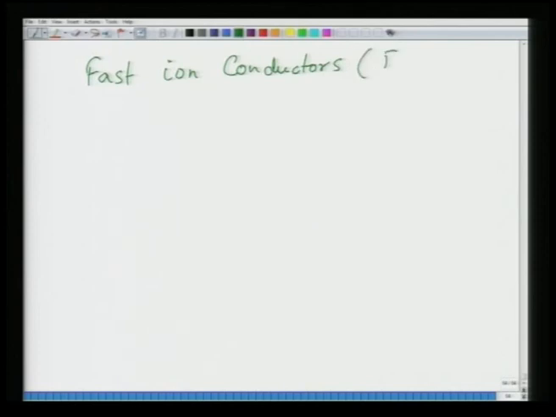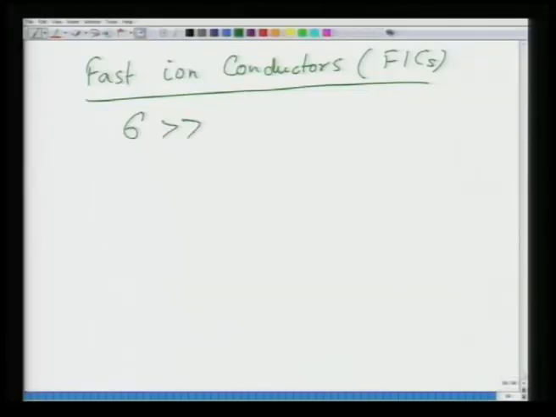These are also called FICs. Now fast ion conductors are the materials which show very large ionic conductivity, much larger than a typical ionic solid, as we saw just a few slides ago in case of beta alumina. So these conductivities sigma are typically greater than 10 to the power minus 2 ohm centimeter inverse. So these are typical values, and at temperatures much lower than the melting point.